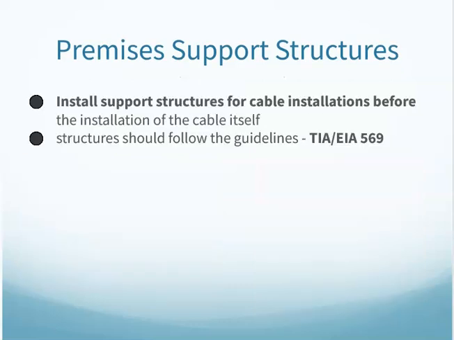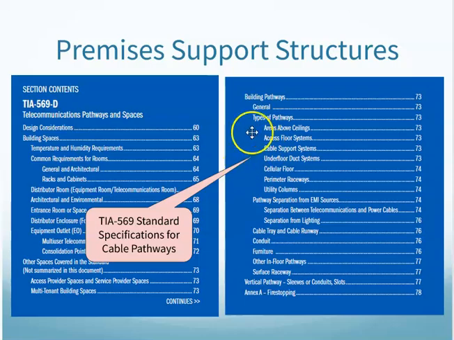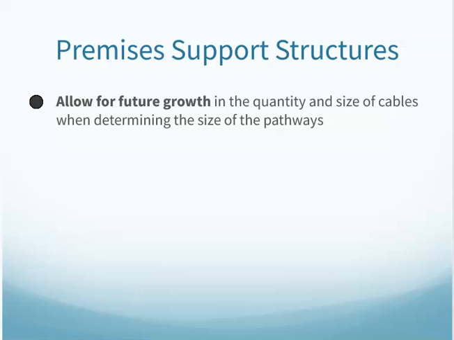Install these support structures for cable installations before the cable actually shows up, and we're following 569 guidelines to do so. 569 has information in here about cable support systems, what is needed. And with our cable support, we also want to be thinking future growth too.